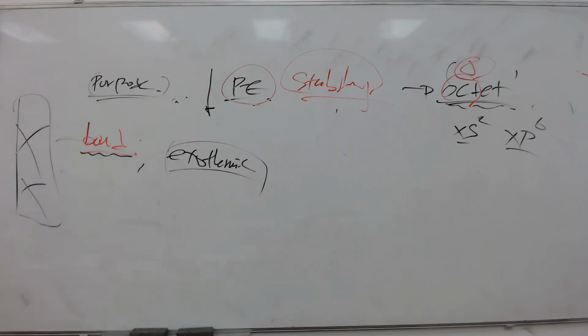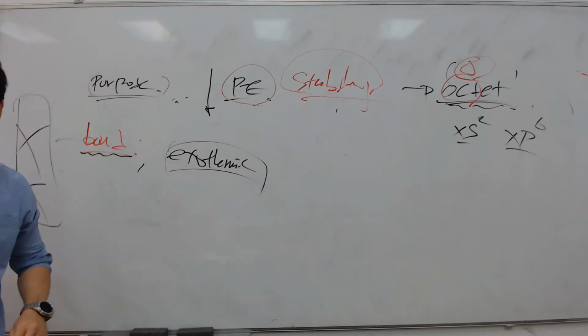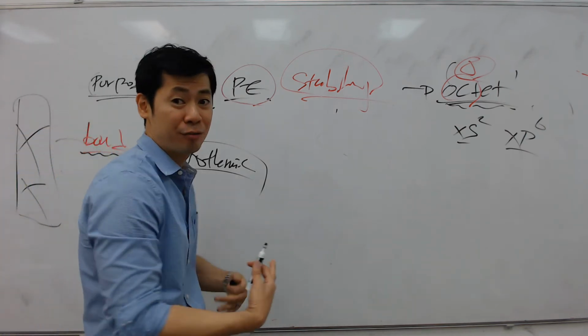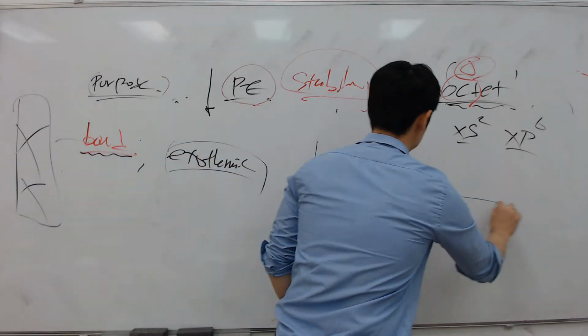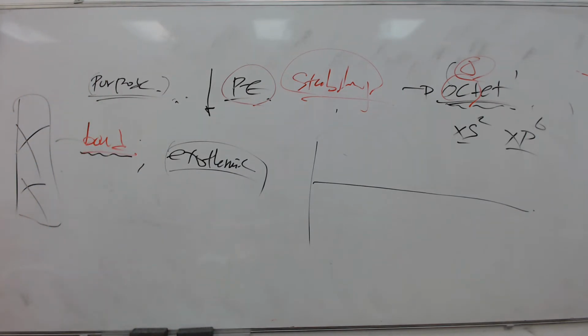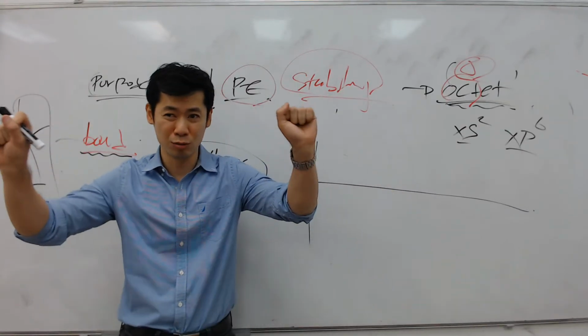Now, what College Board likes to give you as a graph for this bonding is this. This graph fits the bond between two atoms.